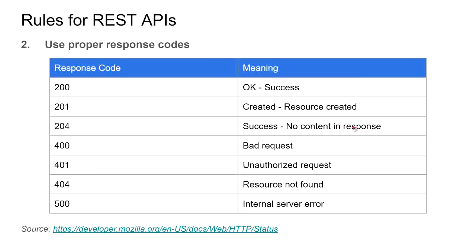Everything went okay, but the server says I don't have anything to tell you. This could be a case where you are deleting something. The server might say, okay, I deleted it, and give you 204, which means the delete was successful, but it might not return anything, right?